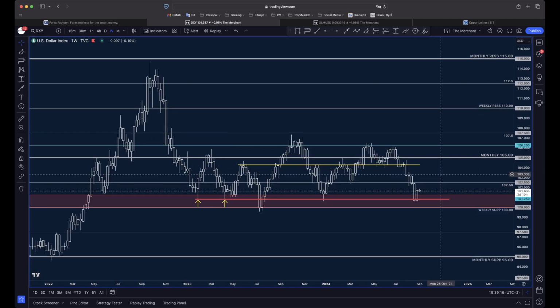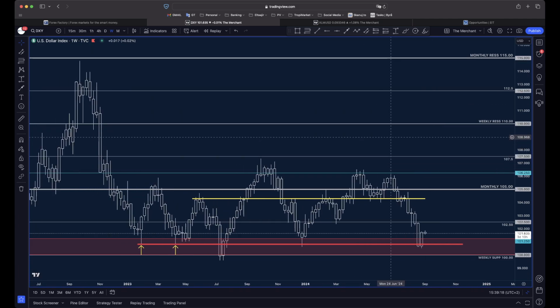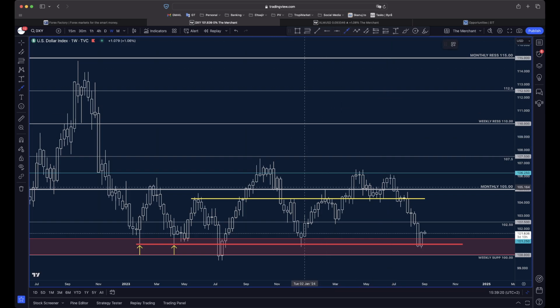One thing I would like to highlight is that we had here a tail and shadow where we could see a strong rejection, and then here another shadow with a strong rejection, and then a strong bearish engulfing, and the one after, which broke below this support level for these two points.